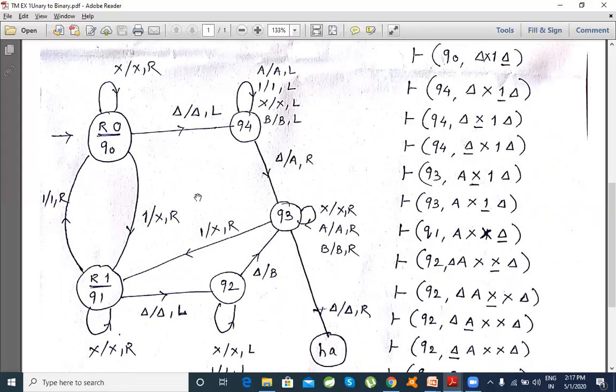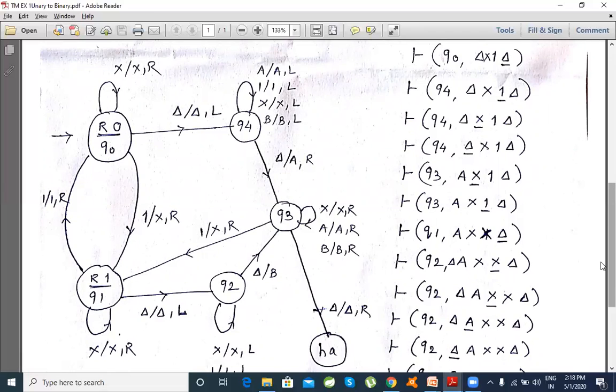The idea is very simple. When you start, the arrow coming from nowhere is represented R0, which stands for remainder 0, and the state is represented as Q0. And R1 means remainder 1, represented by Q1.